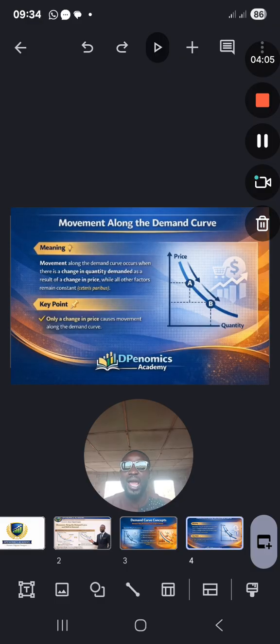But when the price falls from 200 naira to maybe 100 naira, instead of buying 5 bottles, I can change the quantity demanded from 5 bottles to 10 bottles because of the decrease in the price of the commodity. So you can see that it is only price that can cause a movement along the demand curve. There are two types of movement along the demand curve, which we're going to discuss on our next slide.